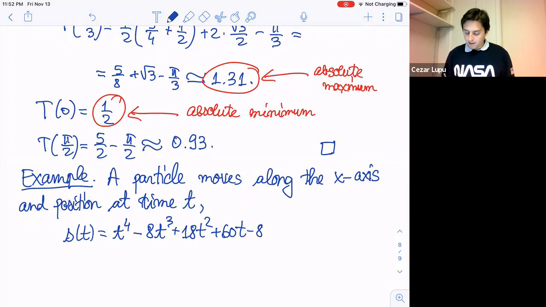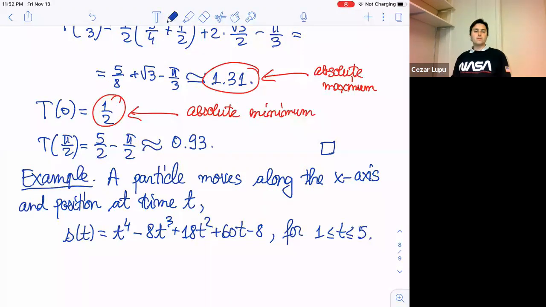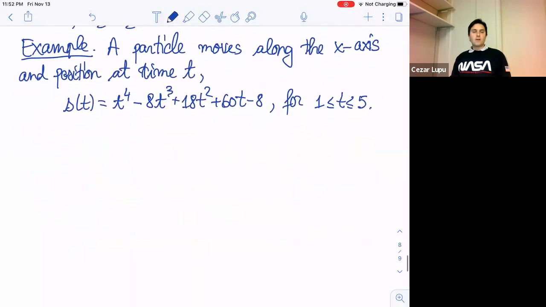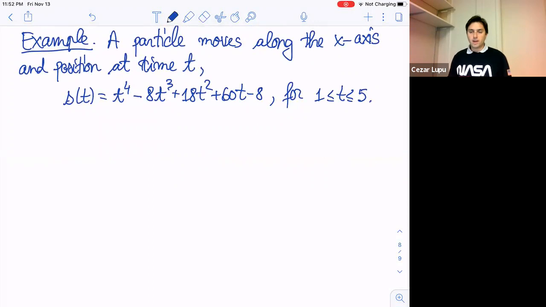Let's say this function is defined on the closed interval from 1 to 5. So this is how the particle moves along the x-axis.